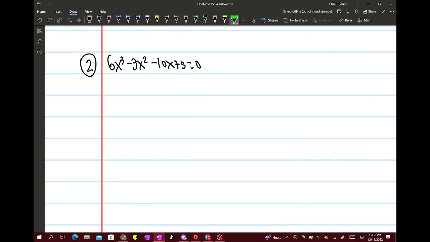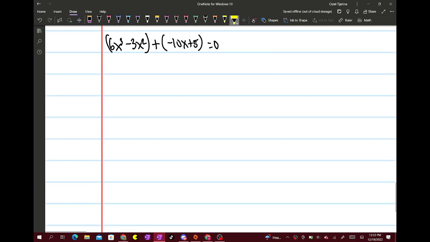We have 6x cubed minus 3x squared, and then we also have the minus 10x plus 5. So really, this is 6x cubed minus 3x squared, plus, in parentheses, negative 10x plus 5 equals 0.